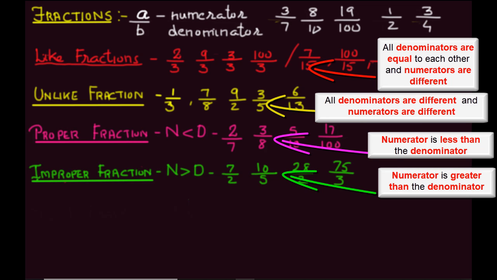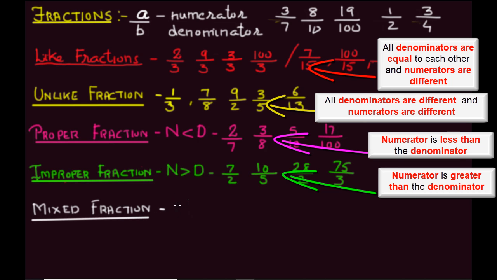Now, what is the next kind of fraction? The next kind of fraction is the mixed fraction. Yes, we have the mixed fraction. In the case of a mixed fraction, it will be a combination of a whole number and a fraction.